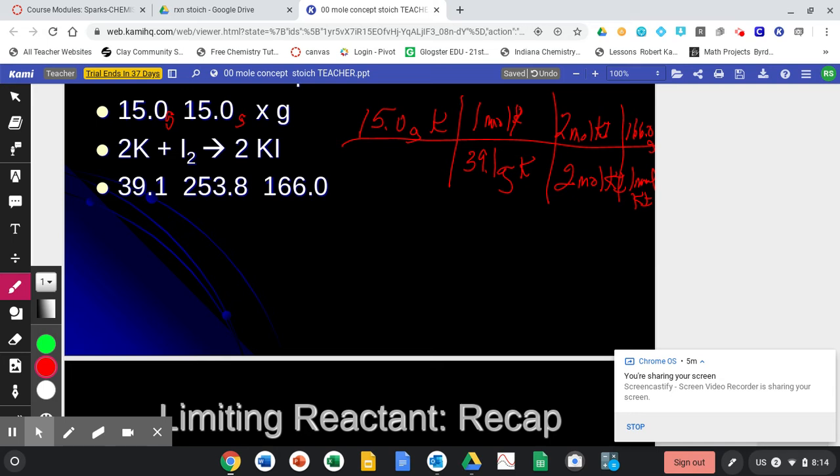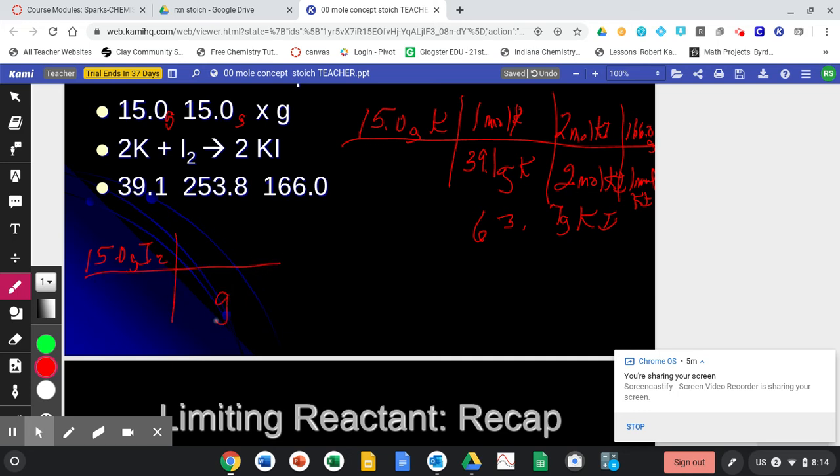I'm going to take 15 times 2 times 166, and I'm going to divide that by, and I'm going to use parentheses, 39.1 times 2 in my parentheses, equals, and I have 3 working sigs here, 63.7 grams of KI. Now I'm going to do my iodine. I have 15 grams of iodine.